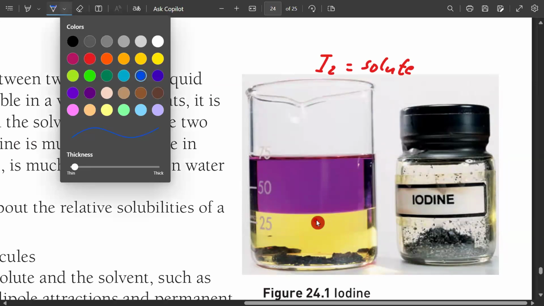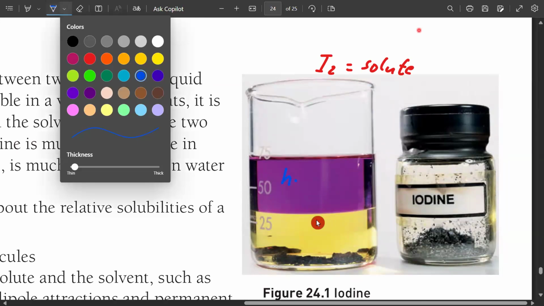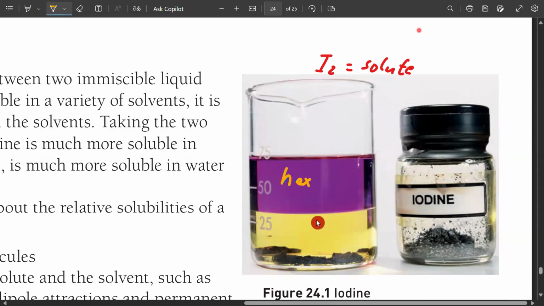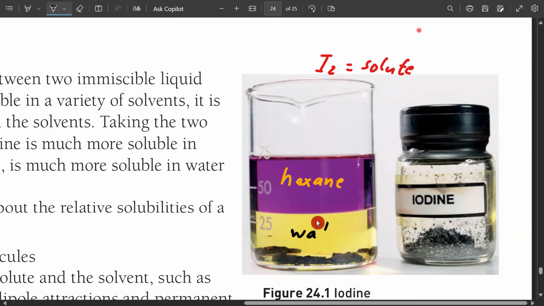The solvent in this case will be hexane over here, and water over here. So I2 is dissolved between hexane and water.